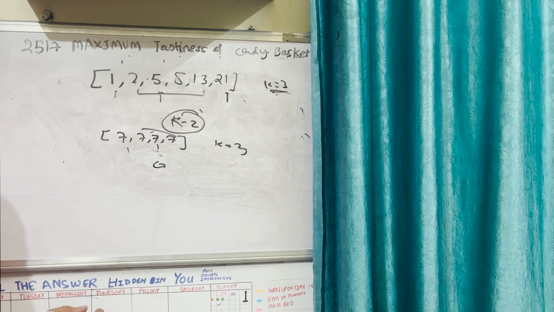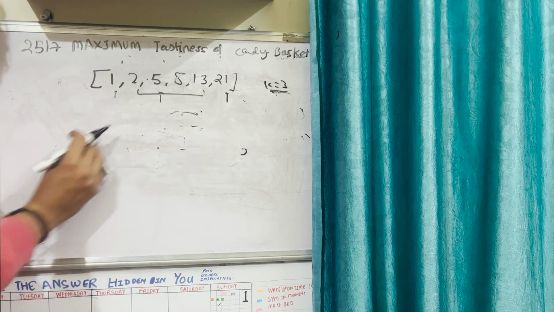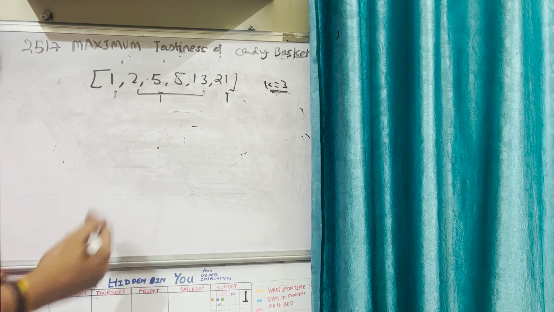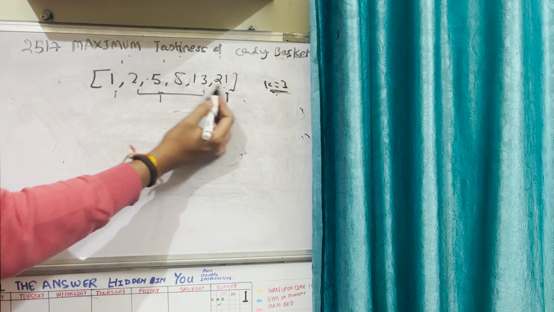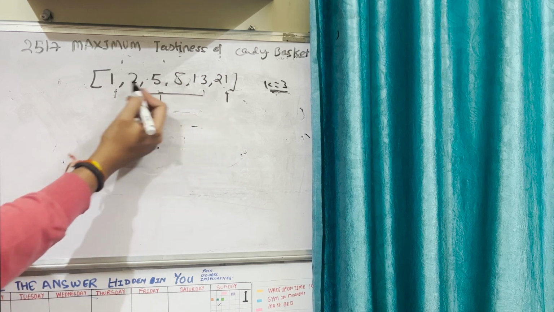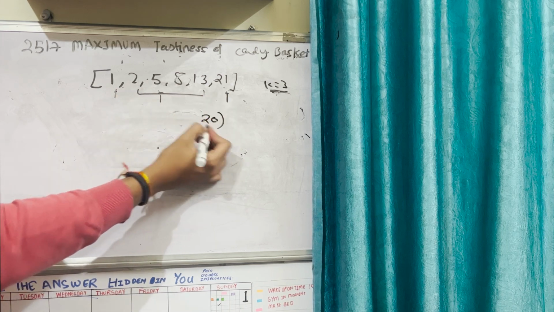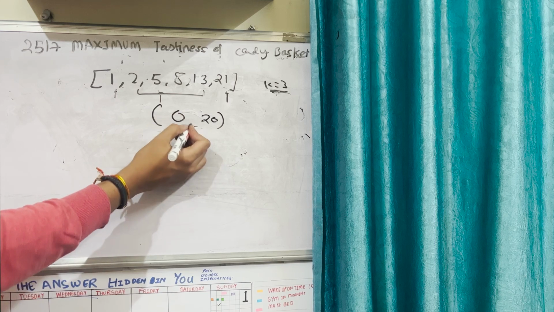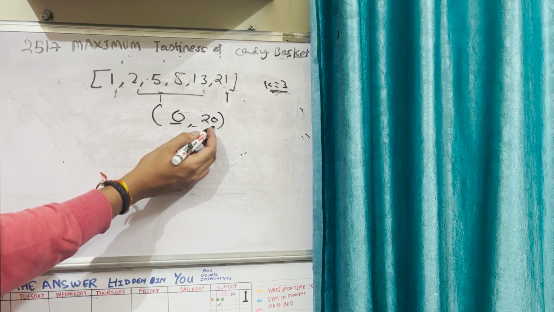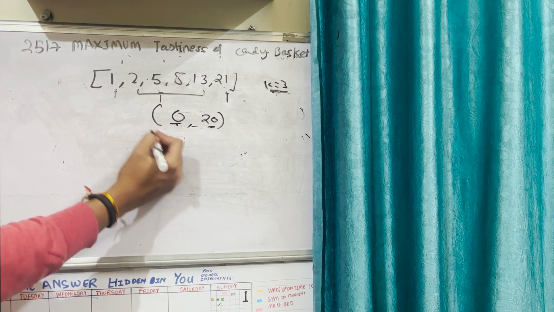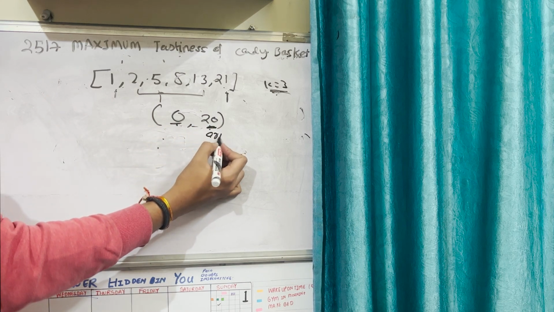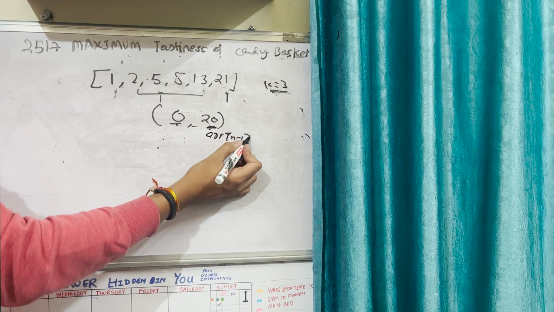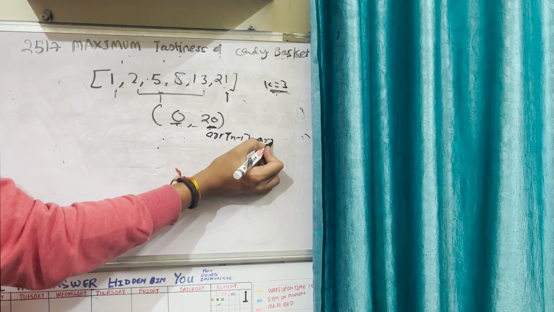On the other hand, if you have an array like this, your answer or maximum difference can go up to the maximum value minus minimum value, which will be 20 in this case. So you can think your value will lie between these two: 0, as I told, if all the values are the same, and array of n minus 1 minus array of 0.